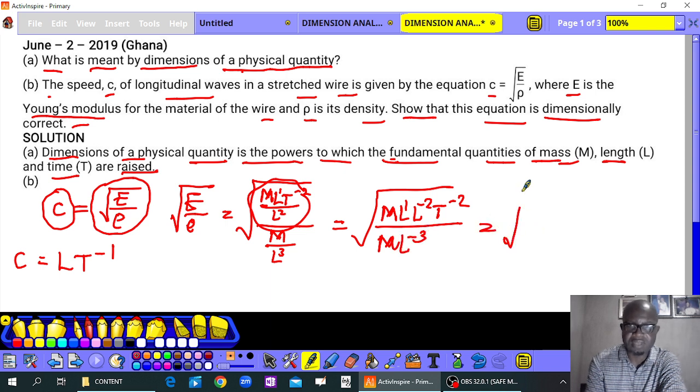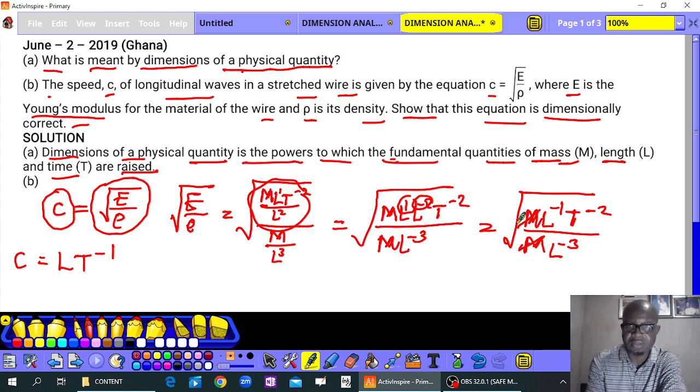And this is going to give us 1 minus 2 is -1. So we have M L^-1 T^-2, all divided by M L^-3.